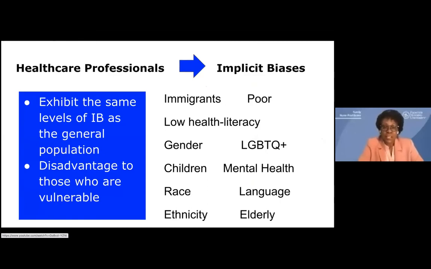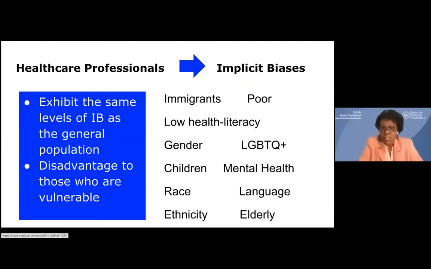So the literature tells us that healthcare professionals exhibit the same levels of implicit bias as the general population. As healthcare professionals, clinicians, healthcare workers, we all take an oath to do no harm. And we all explicitly will state that we want the best for our clients. Yet there are groups of individuals who are at a greater disadvantage than other populations.